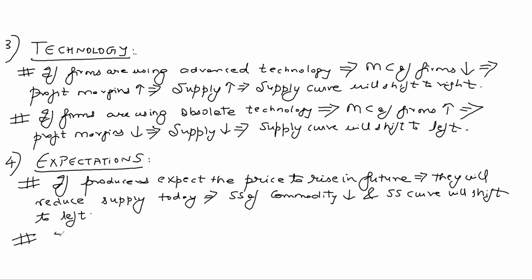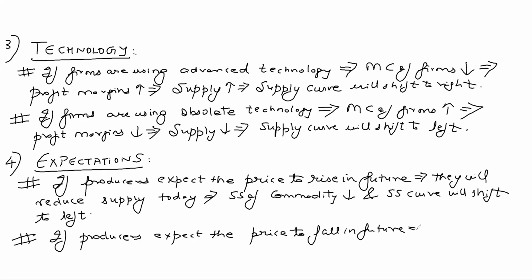Exactly the opposite will happen if the producers expect the price to fall in the future. If you expect the price of the particular commodity to fall in the future, you would want to supply more today. You would want to finish your stock today itself. Because today the margins are high. Tomorrow the margins are likely to drop.